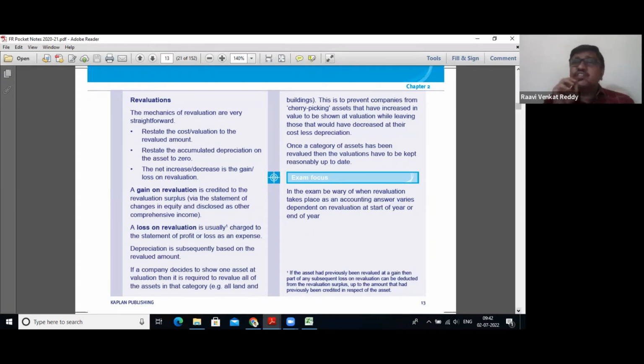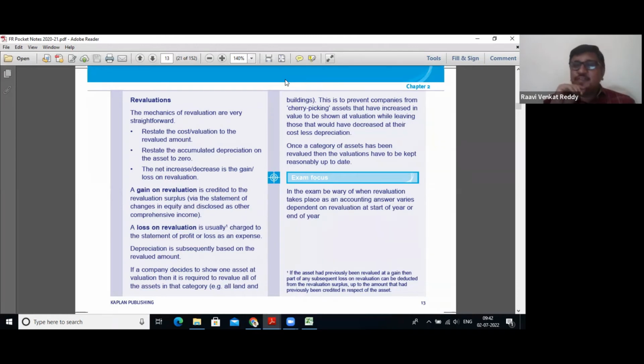If there is no significant difference, suppose the carrying value of the asset is 1 lakh and the market value is 1 lakh 1,000, there is no significant difference. In that case, no need to revalue. Of course, the company can choose it, I agree. But generally, the company needs to revalue when there is a significant difference between the market value and the carrying value.